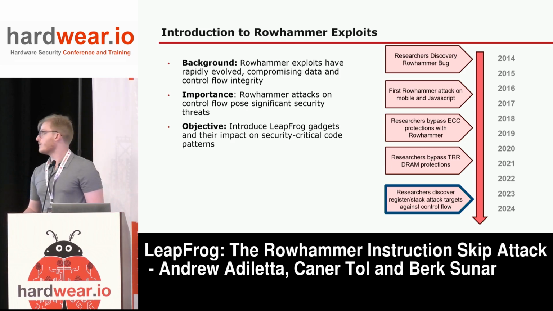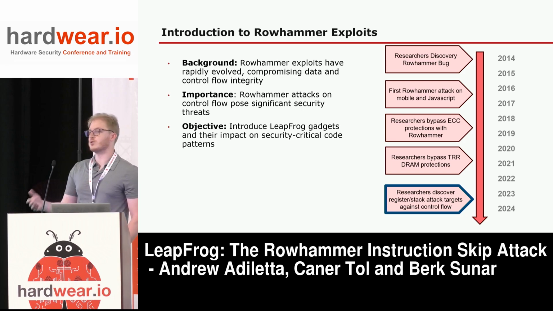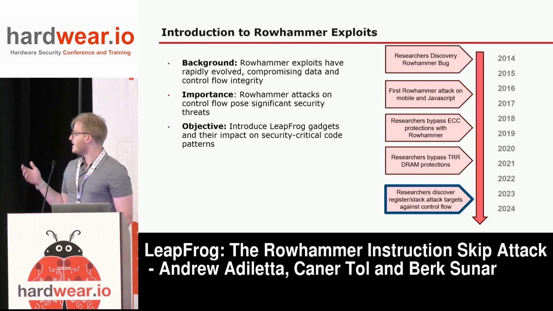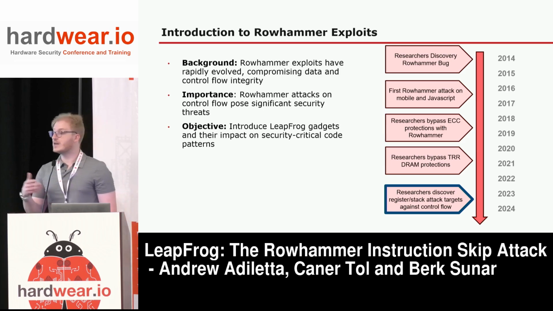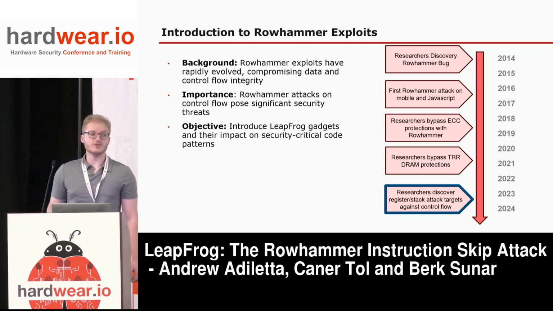And then 2020, 2021, researchers were able to bypass TRR, which is what I was talking about with that multi-sided attack. And then 2023, researchers were able to prove that they could indirectly corrupt register values and stack values. I was a part of that group of researchers that discovered this.